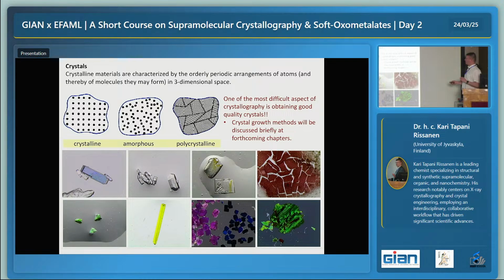Because if it doesn't happen, then we have an amorphous system. This is really some kind of intermediate. Normally, if we find out that our object is like this, we try to do it again so that we would have it as a single crystal. That's the idea. The crystal growth will be discussed a bit later on, but it's also a state of the art.